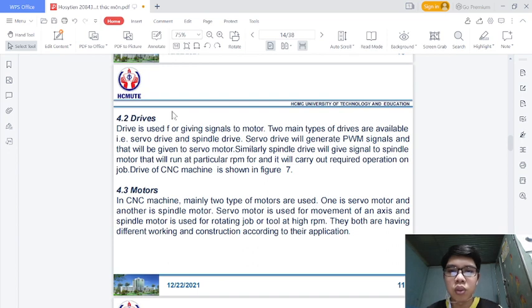Similarly, spindle drive will give a signal to the spindle motor that will run at a particular RPM and it will carry out the required operation. The block diagram of a CNC machine is shown in figure 7.